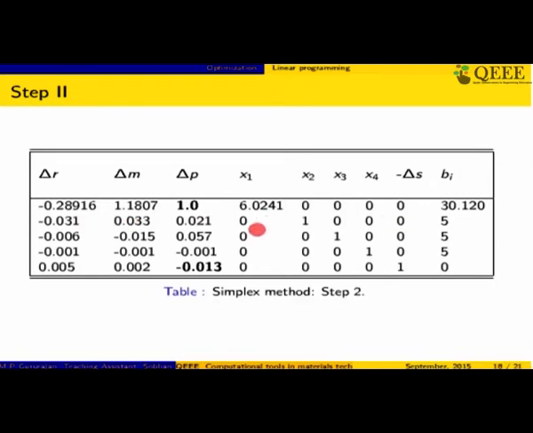For example, in this, you divide all the quantities by 0.021, and you subtract, for example, minus 0.28916 minus 0.031 by 0.021, and subtracting, that will become plus. So it is basically minus 0.28916 plus 0.031 by 0.021.